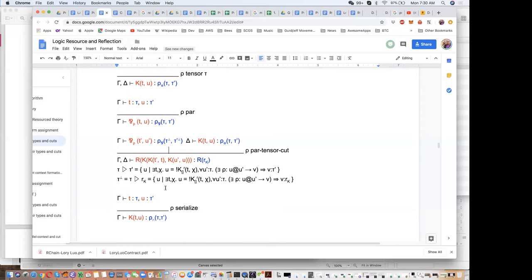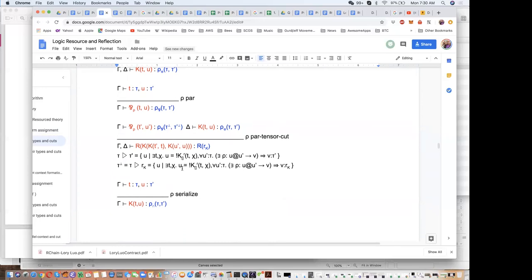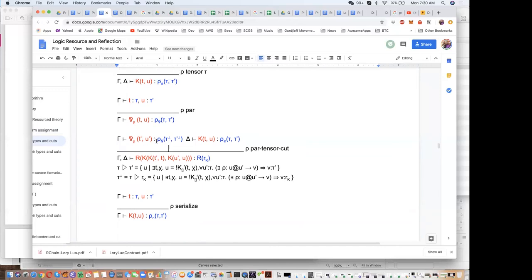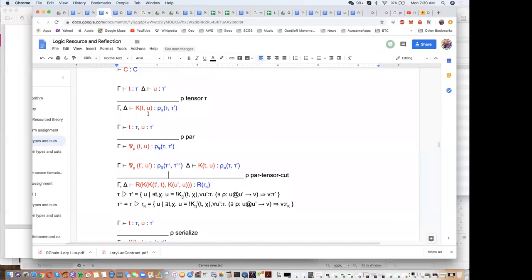So the overarching point is that we can now do reification. When we did this, we reflected, and then we have the ability to extract the data and manipulate it, and that's the reification.